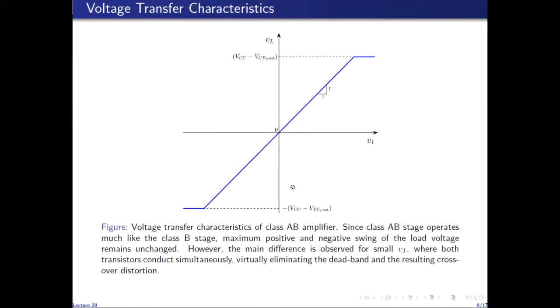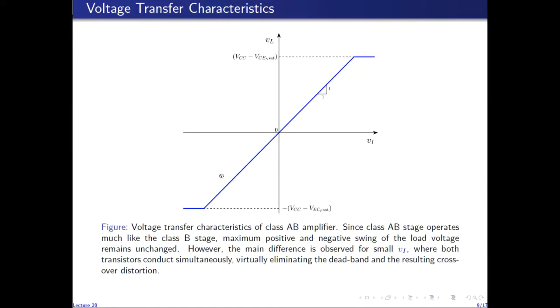So this diagram shows the voltage transfer characteristics of the class AB amplifier. Since the class AB amplifier operates much like the class B amplifier, we have maximum positive and negative swings of the load voltage. The maximum load voltage in the positive direction is observed when QN goes into saturation, and the maximum load voltage in the negative direction is observed when QP goes into saturation.